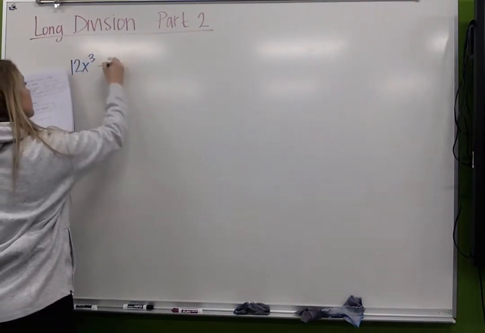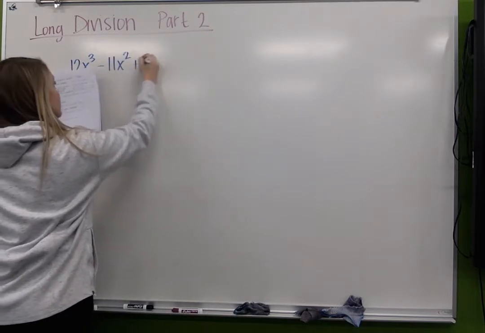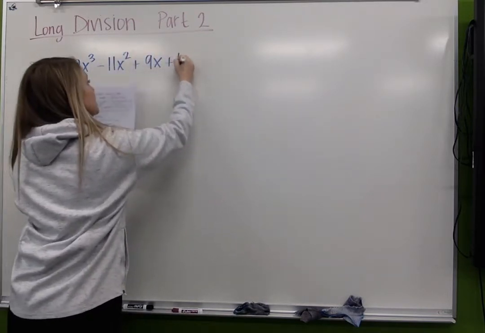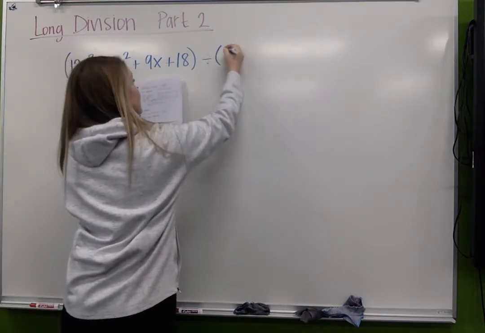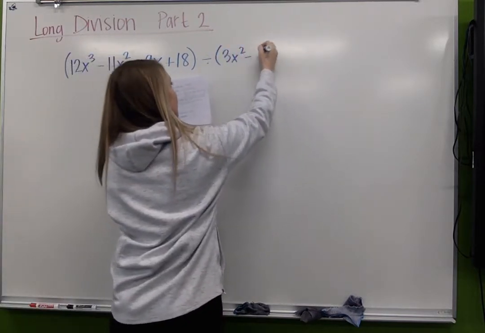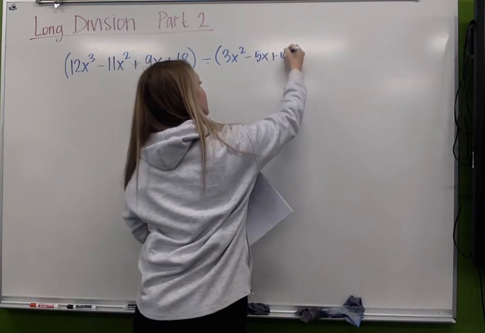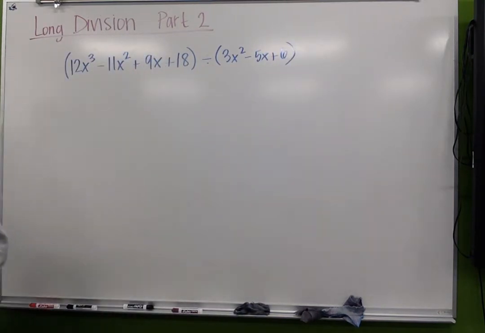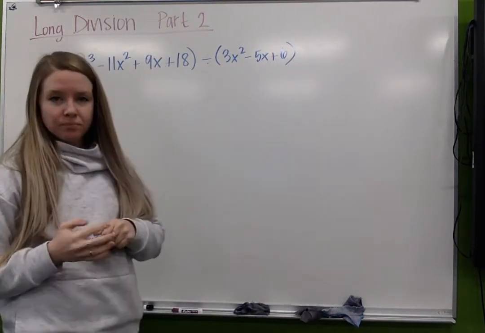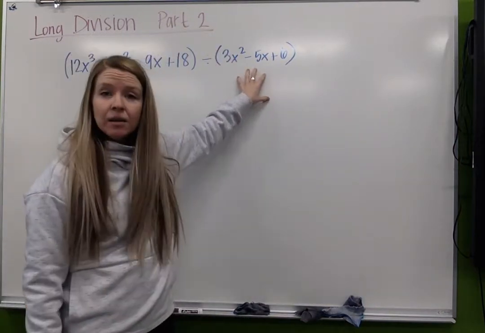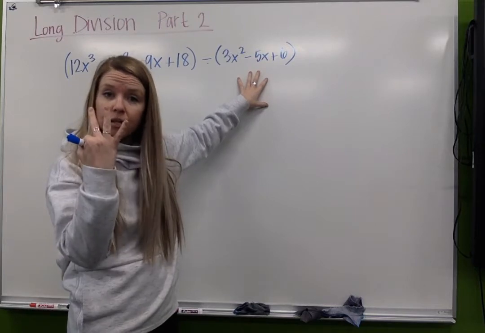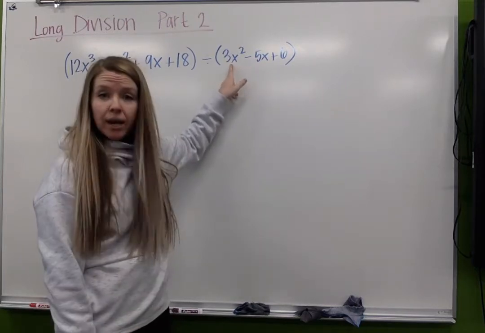12x cubed minus 11x squared plus 9x plus 18. And I am dividing by 3x squared minus 5x plus 6. Okay. So the only thing that's changing is we're now dividing by a trinomial, 3 terms, and it's a quadratic.